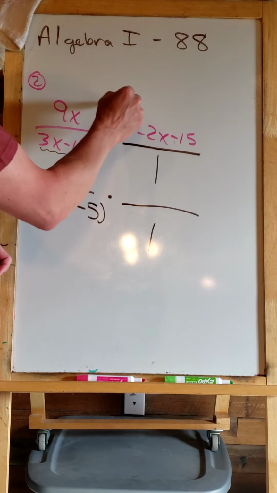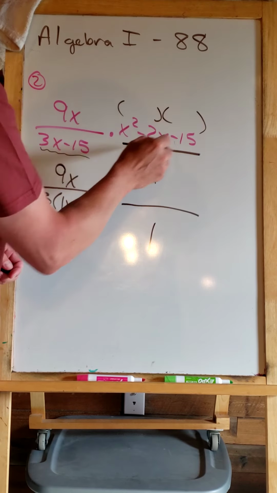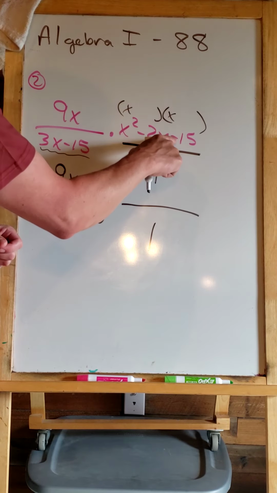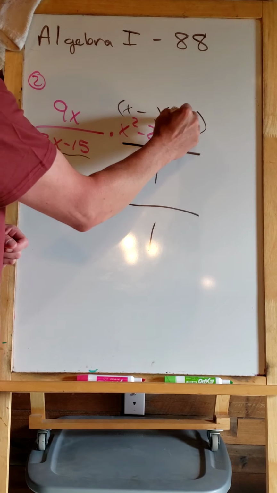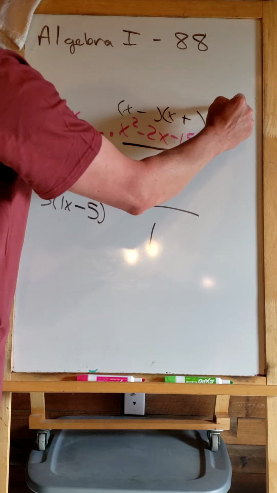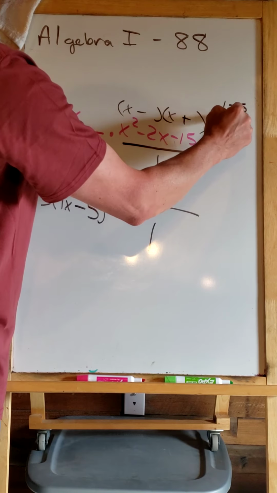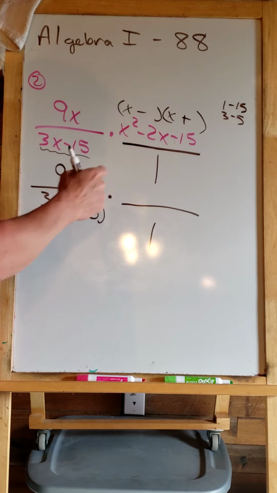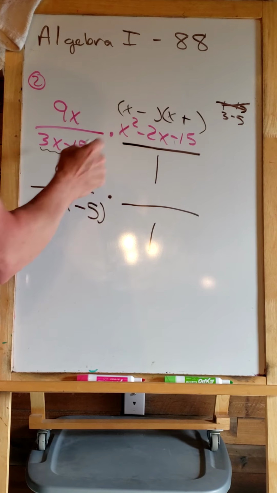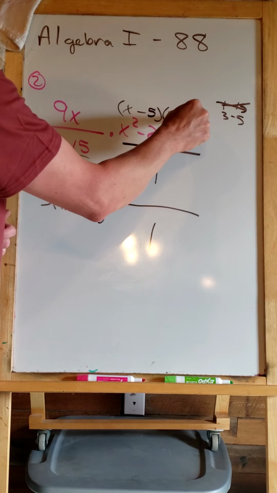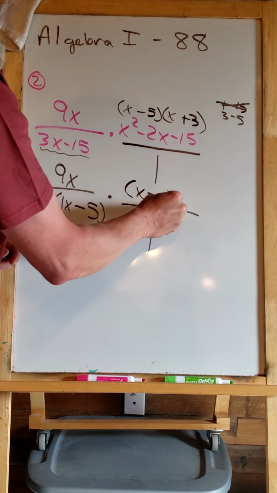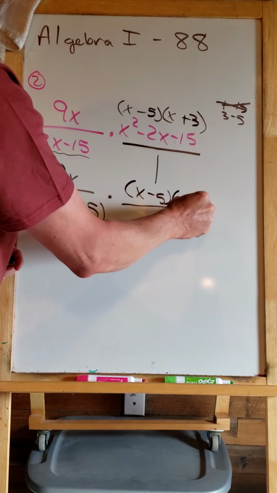Up here, let's look at this. x, x. This is a negative, so minus, positive. Factors of 15: 1 and 15, 3 and 5. But I need a negative 2. So I need a negative 5 plus 3. So up top here, x minus 5 and x plus 3.